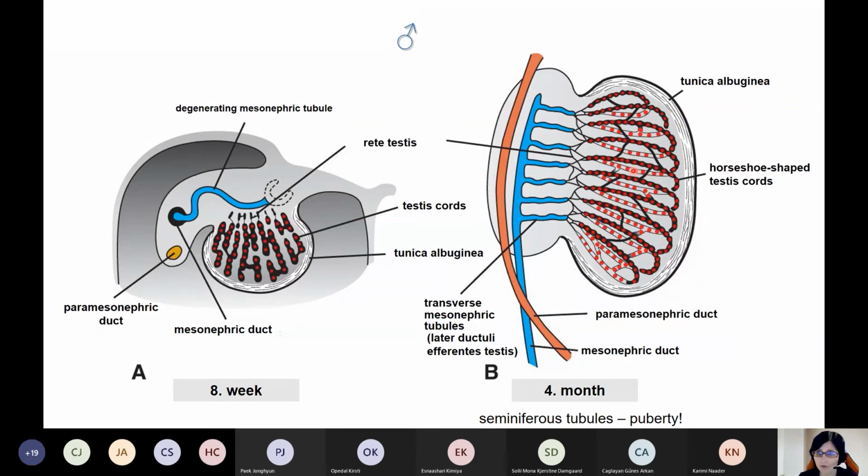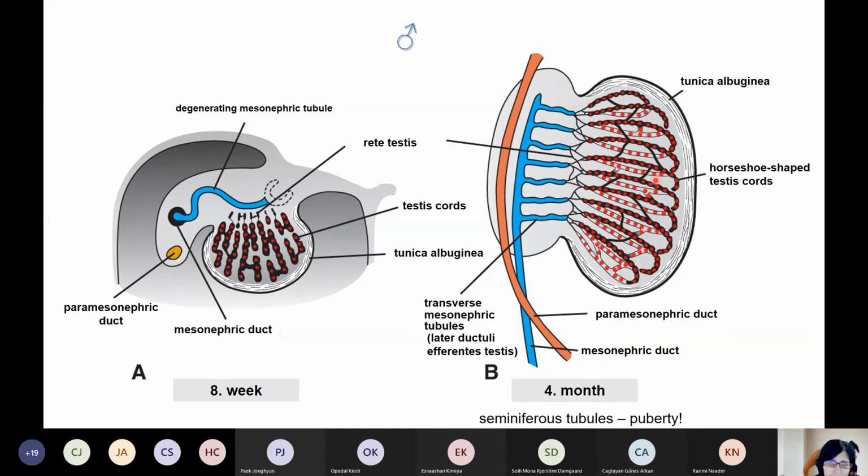We have another characteristic cell type inside the testis. This is the Leydig cell. The Leydig cells will develop from the mesenchymal cells of the gonadal ridge. So the Sertoli cells derive from the surface epithelium, from the coelomic epithelium. The Leydig cells originate from the mesenchymal cells of the gonadal ridge.